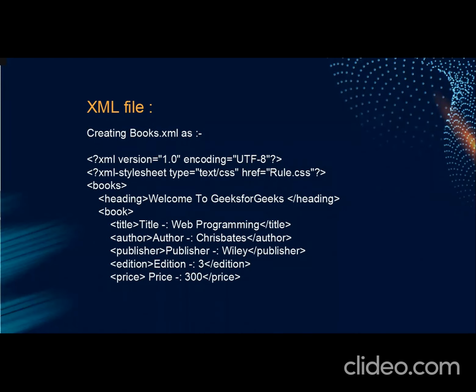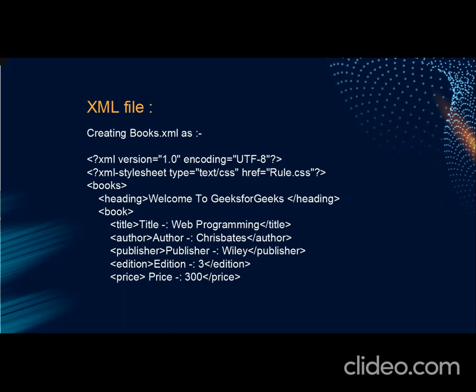Now coming to edition, we have to give some edition, like every book has some editions, up to 3-4 editions or 5 editions like that. Here it is given as third edition, and we have to close the tag.